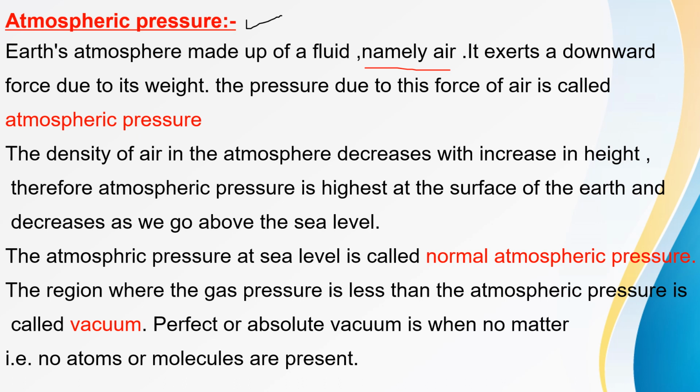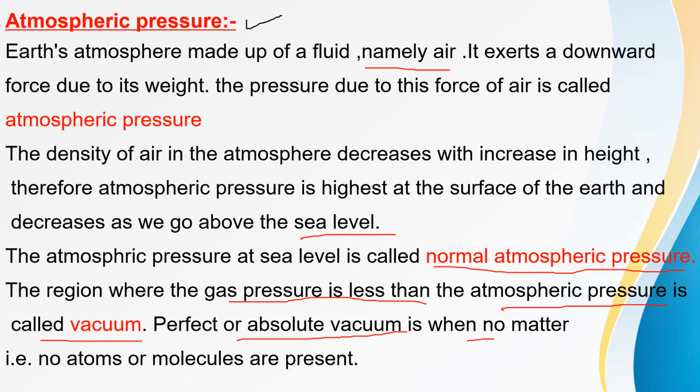The atmospheric pressure at sea level is called normal atmospheric pressure. The region where the gas pressure is less than the atmospheric pressure is called a vacuum. A perfect or absolute vacuum is when no matter, that is no atoms or molecules, is present. Now this is all about atmospheric pressure.